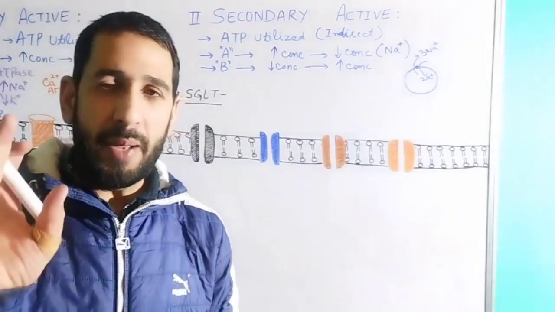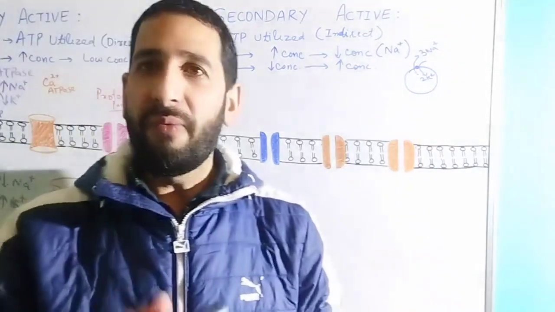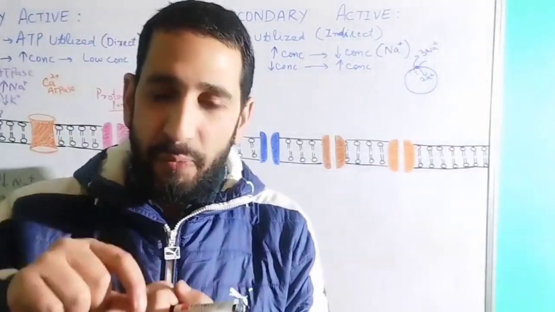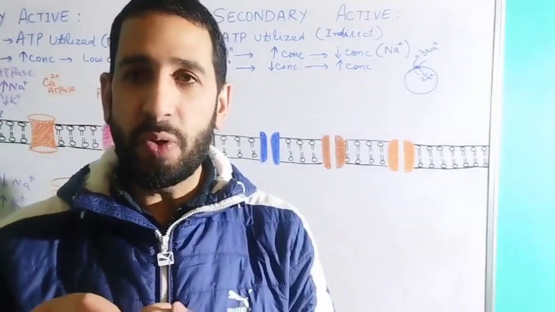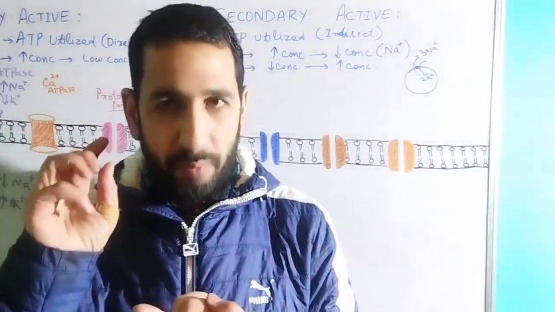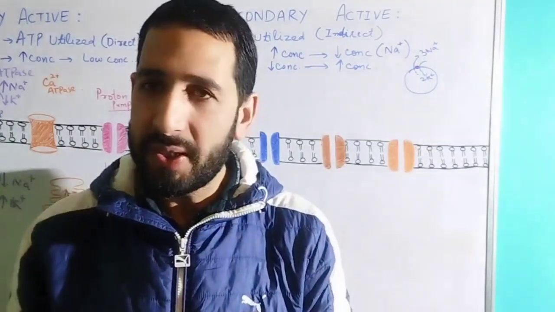In the nephron, what happens is that the nephron is the basic functional unit of the kidneys, and it is involved in the formation of urine. Formation of urine is completed in 3 steps: filtration, then tubular reabsorption, then tubular secretion.